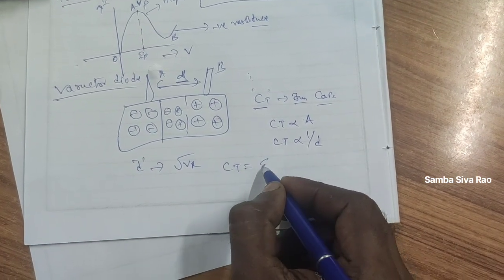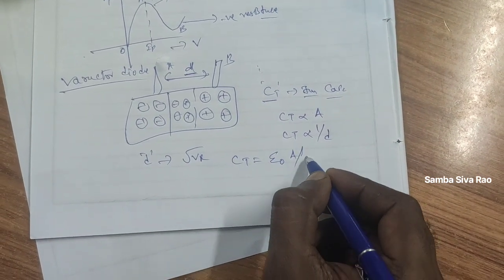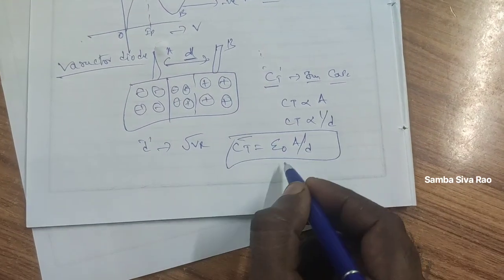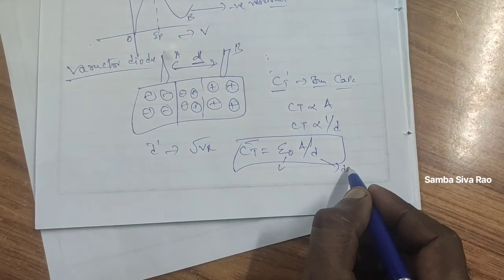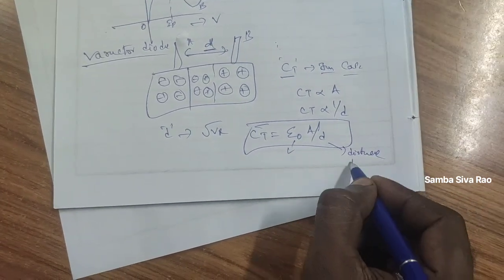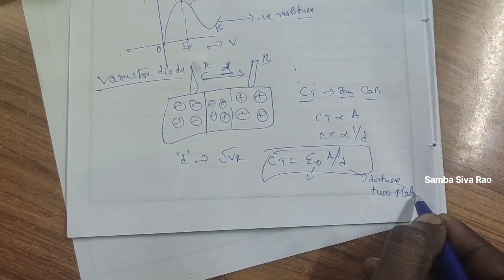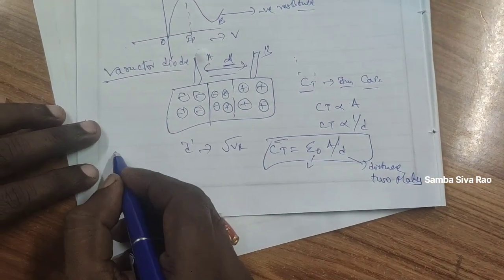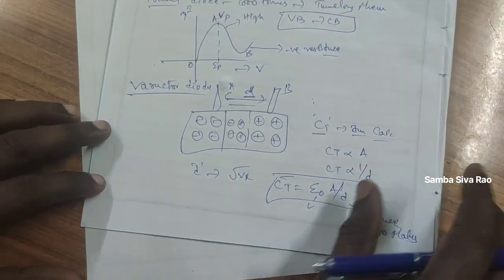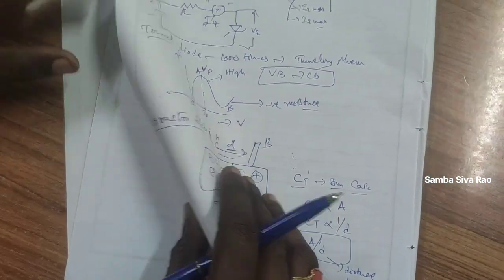CT is also written as epsilon naught A by D, where epsilon naught is the dielectric constant, A means area of cross section, and D means the distance between the two plates. This is known as a varactor diode.